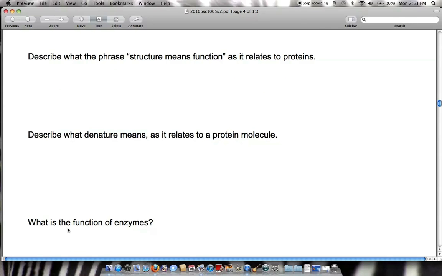And I've already given you this. What's the function of enzymes? It helps to reduce the amount of energy required for a reaction. That's what enzymes do. And if we denature our enzymes by having too high of a temperature, then our enzymes won't function, and then our organs will fail.